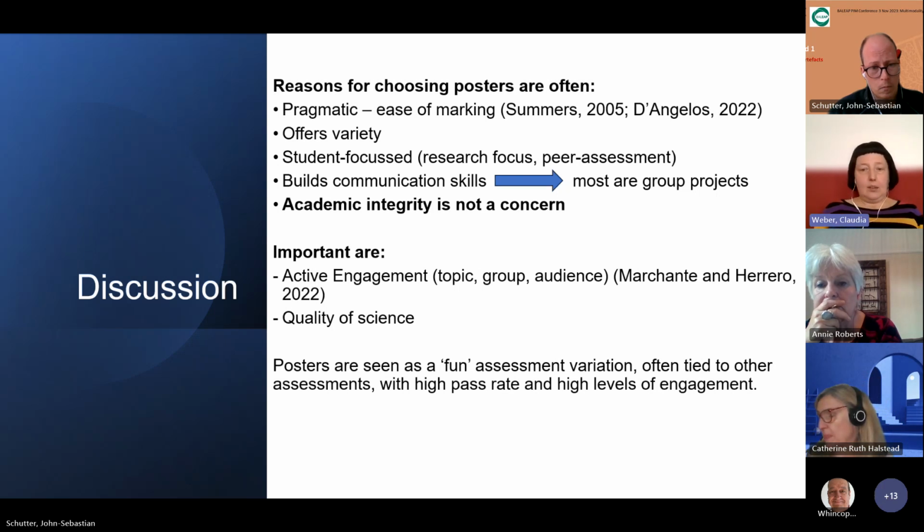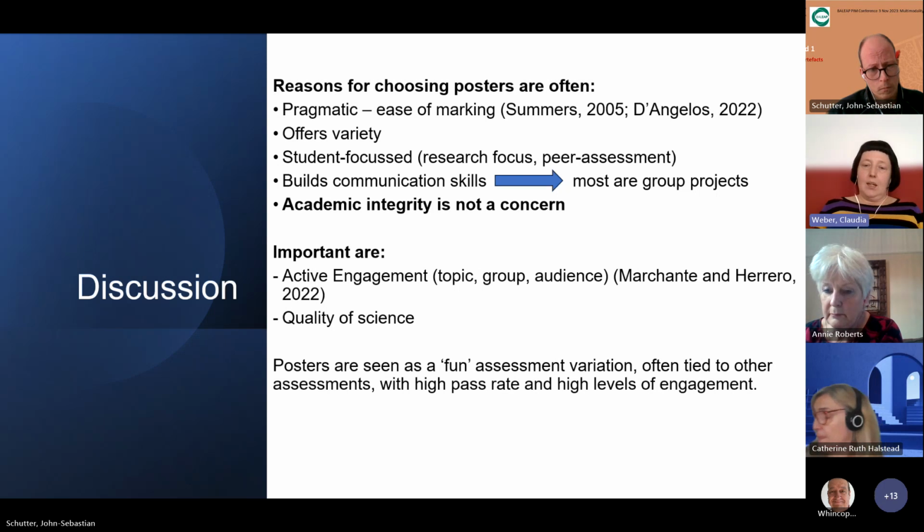What surprised us is that academic integrity was absolutely not a criterion for choosing posters as an assessment. As EAP professionals, this came as a surprise to us because we teach our students referencing skills and make sure that you say where it's from and all that.